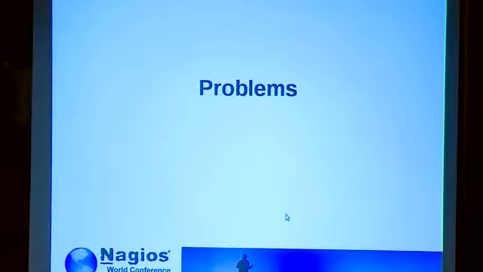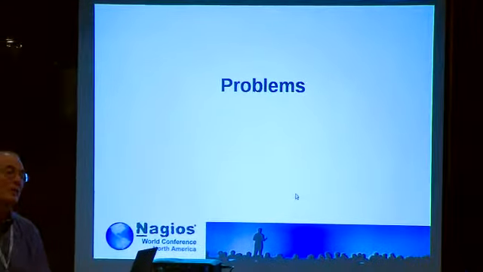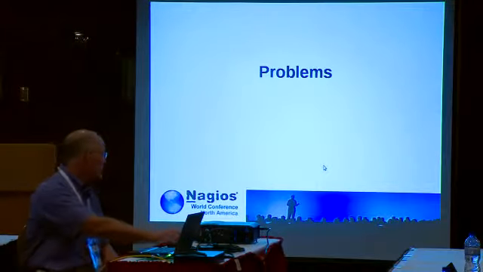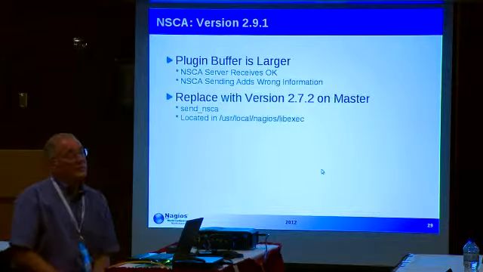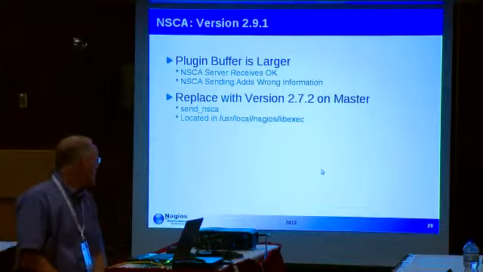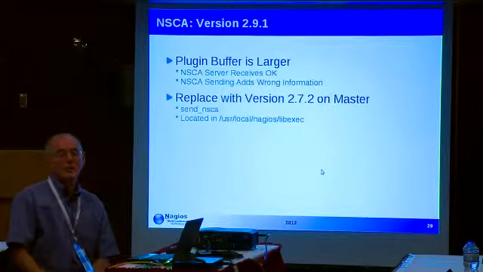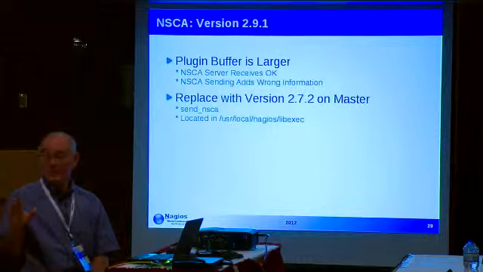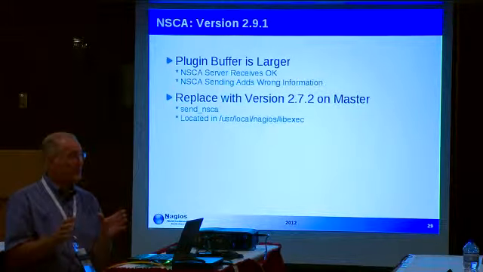Problems? Yeah, there will be some problems. One of the problems that you'll find, as I've worked with this, is this. NSCA version 2.9.1 made a provision for a bigger buffer, which is a great idea. On the master, or on the slave, which has the daemon, this works fine.